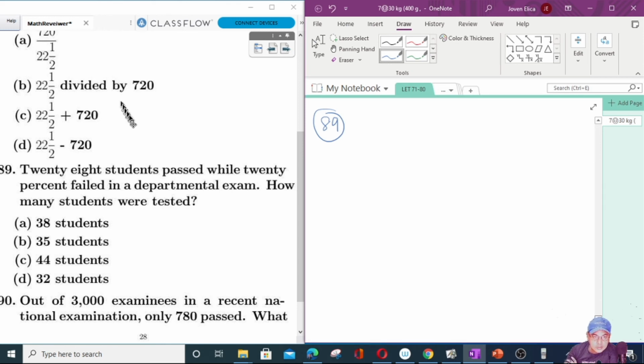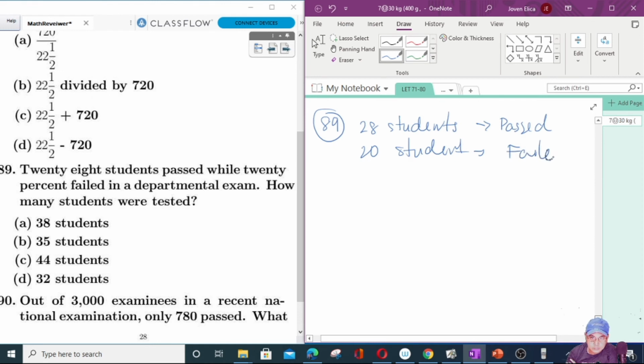Let us analyze. 28 students pass and 20% students failed in the departmental exam. How many students were tested?